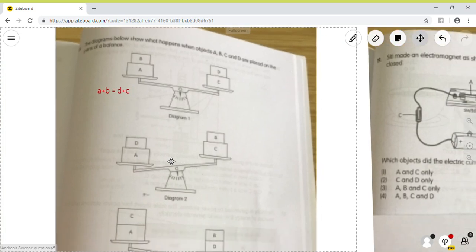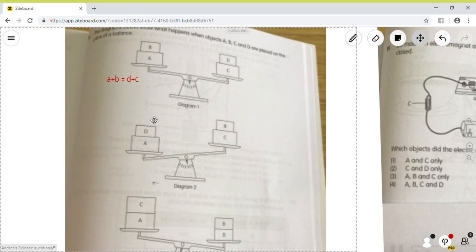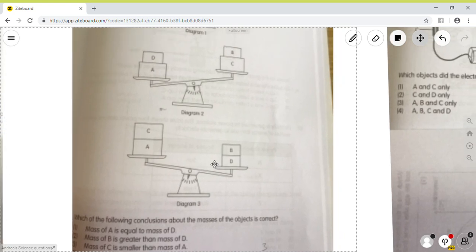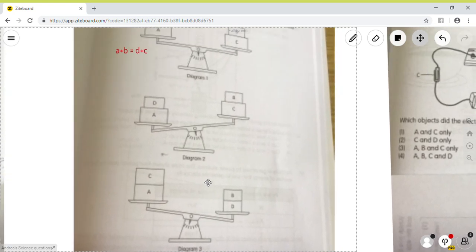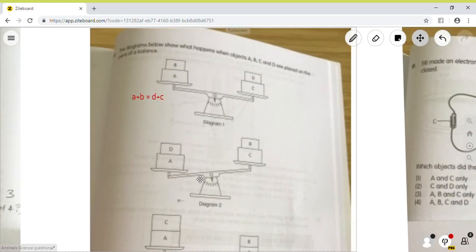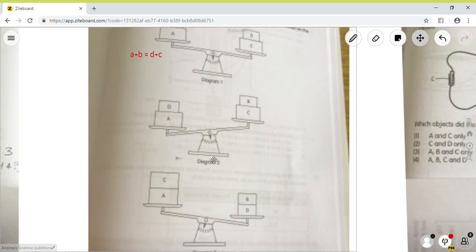Then here D plus A is heavier than B plus C. Which of the following about the mass of the object? So D. Mass of A is equal to D. A equal to D.